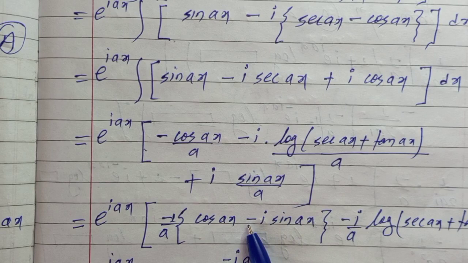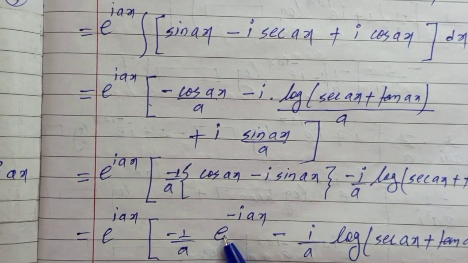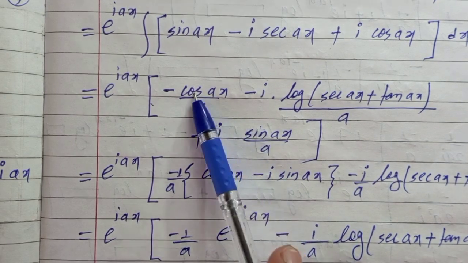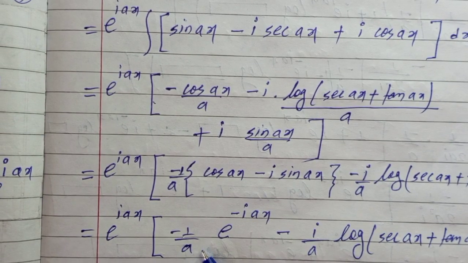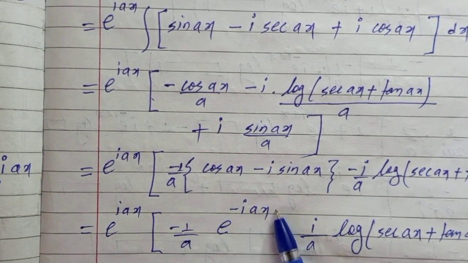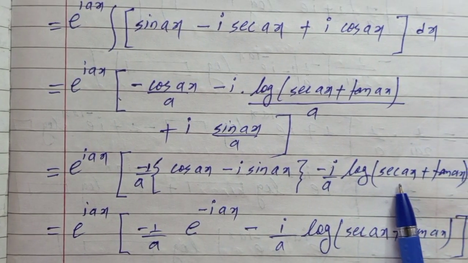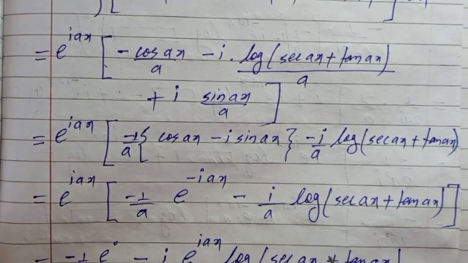So this term is going to appear like our Euler formula of e to the power minus i ax. So this becomes like this, and here this term is being copied as usual. We are going to open the bracket.